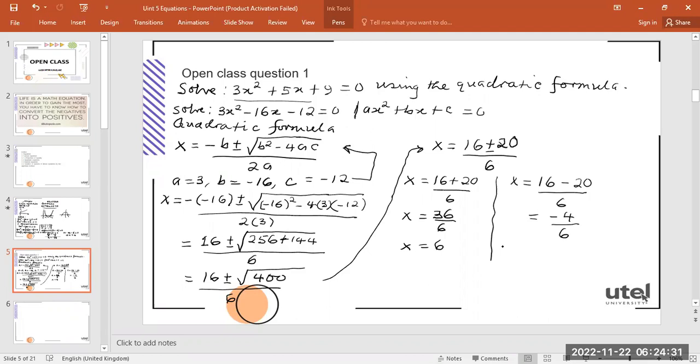Now, what is common between 2 and 6? 2 will go into 4 twice and into 6 three times, giving you that x is equal to minus 2 over 3, which is the same answer we obtained using the factorization method. We got that x is equal to 6 and x is equal to minus 2 divided by 3.